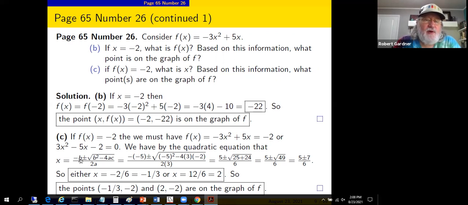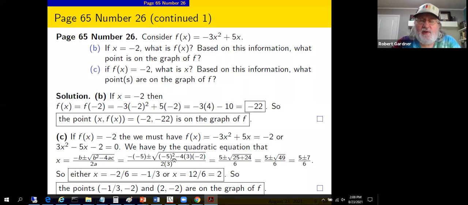We have negative b, that's -5, plus or minus the square root of b squared minus 4ac: (-5) squared minus 4 times a, which is 3, times c, which is -2. Plug those in, all over 2a. Simplifying, negative of -5 is +5.